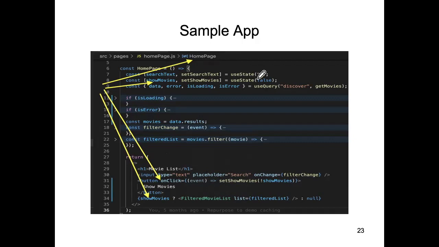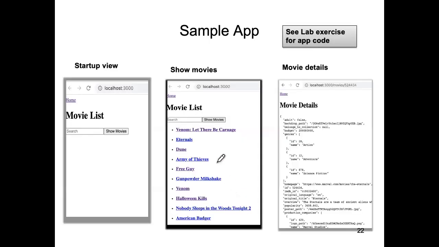So it's initialized to false. And you can see here that I'm using the state variable down here to control whether this component should be rendered or should it just render null. This is the component here that generates this list of movies in the home page.